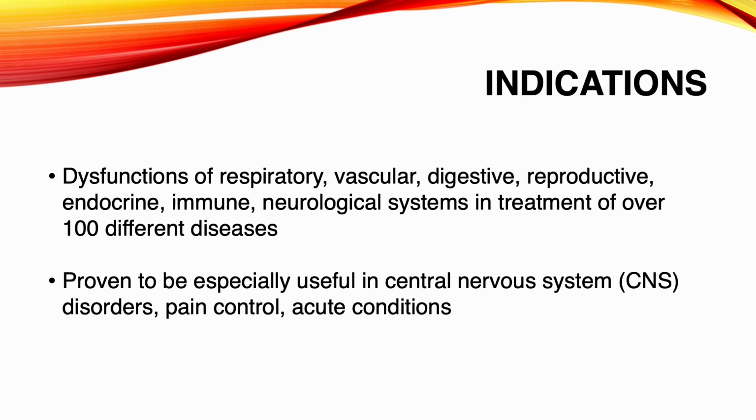Scalp acupuncture is widely used clinically for dysfunctions of the respiratory, vascular, digestive, reproductive, endocrine, immune, and neurological systems in the treatment of over 100 different diseases. It has been proven to be especially useful in the treatment of central nervous system disorders, pain control, and acute conditions.